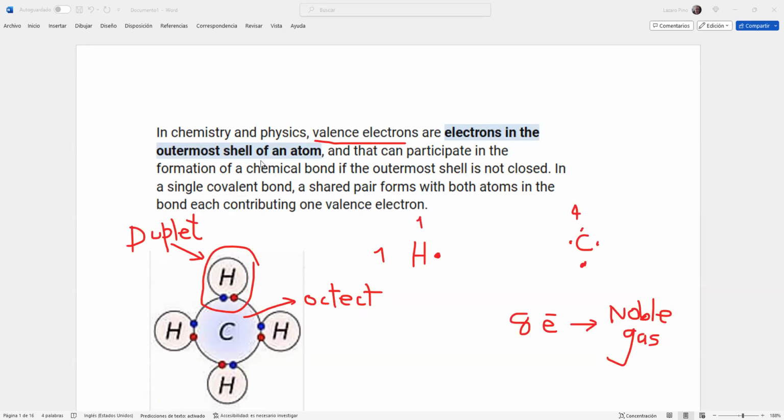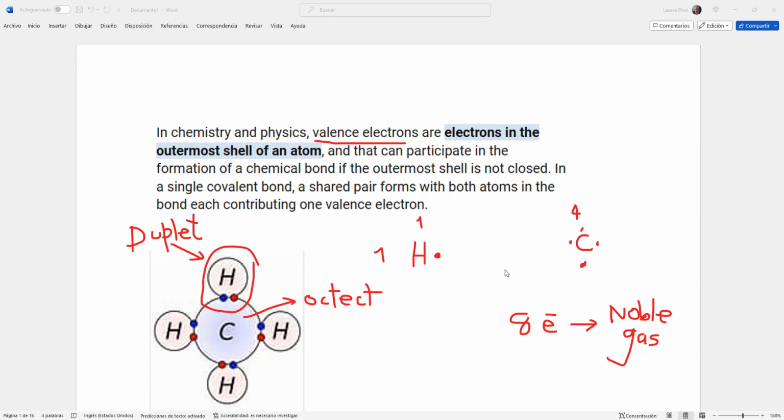Well, in chemistry and physics, the valence electrons are very important because they are the electrons in the outermost shell of an atom, and they are the ones that participate in the formation of a chemical bond.